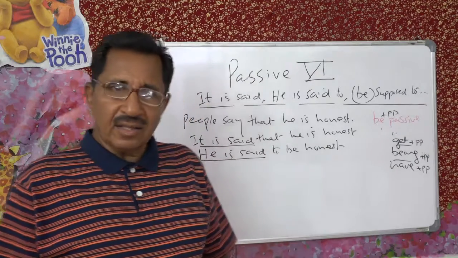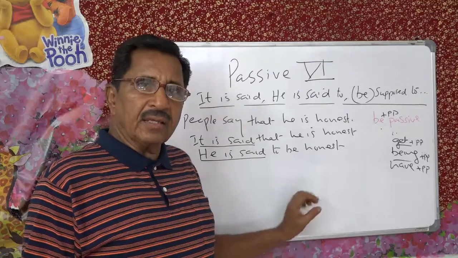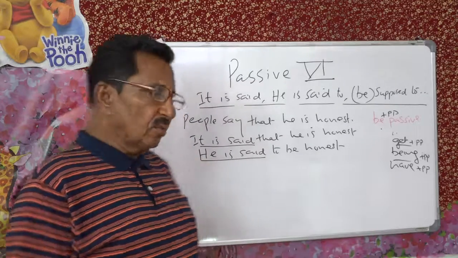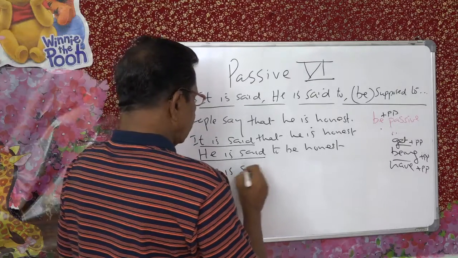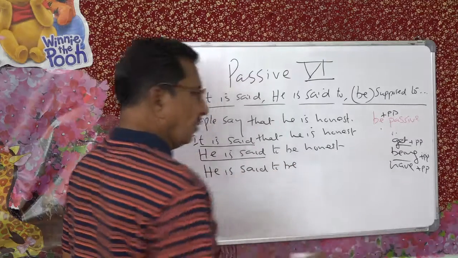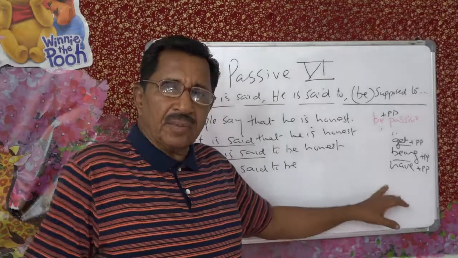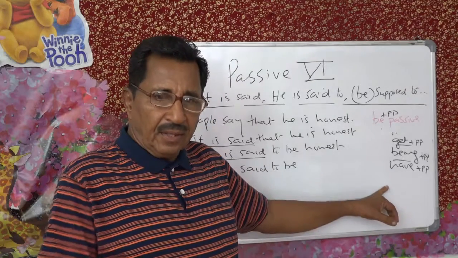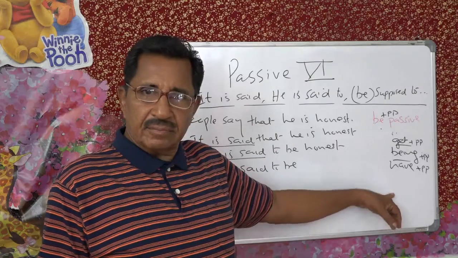And also this one: he is said to be honest. He is said to be 102 years old. He is said to be whatever you want to say. He is said to be clever. See, our class leader is said to be clever.